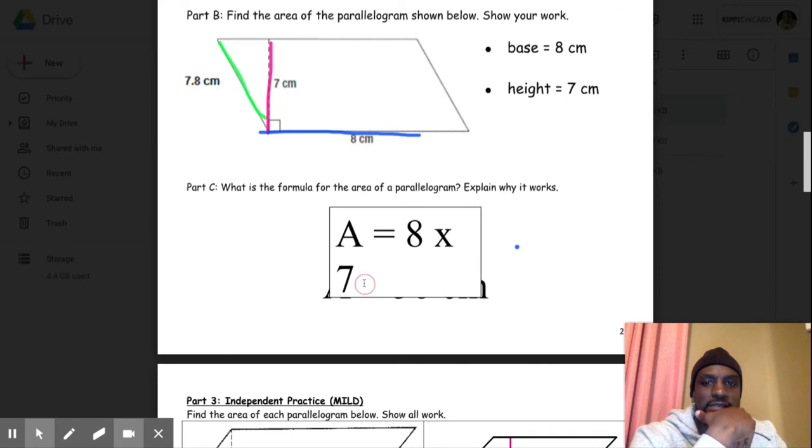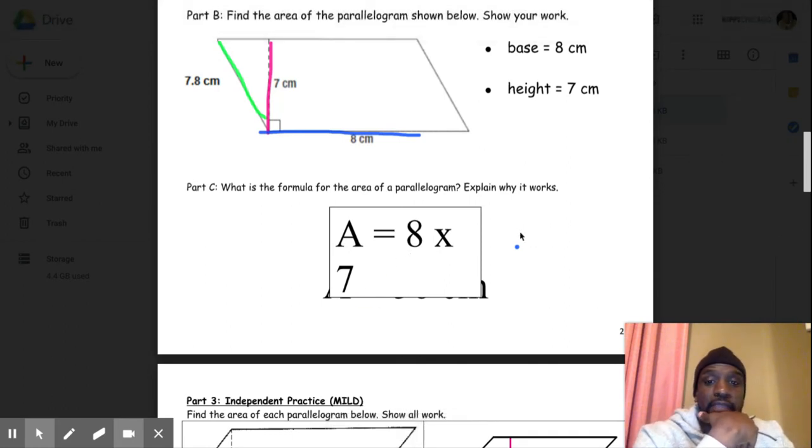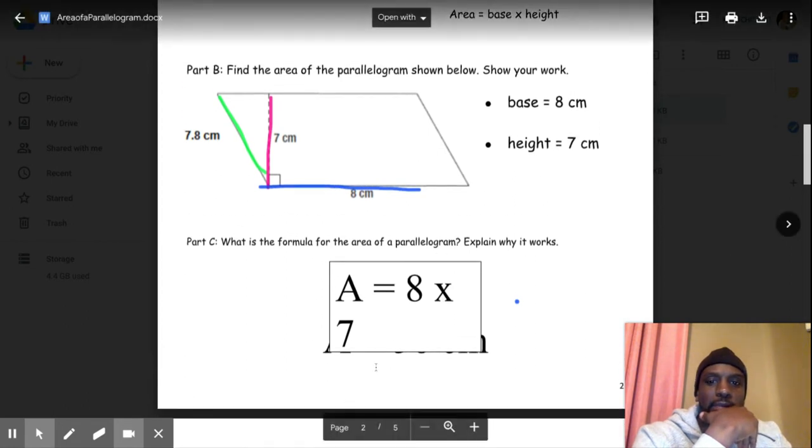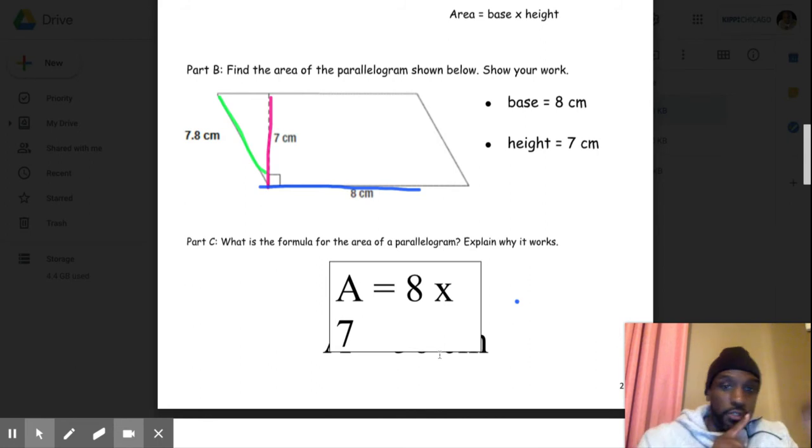So the area is 56 centimeters squared. There's a typo here, but underneath this, it should say area equals 56 centimeters squared, okay?